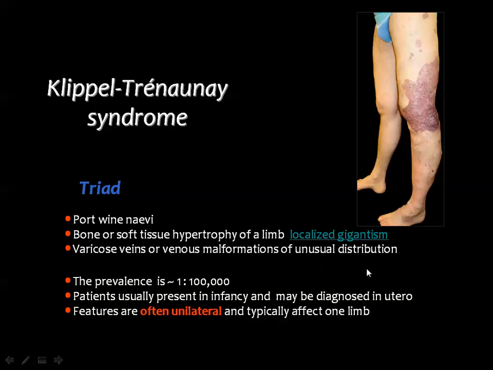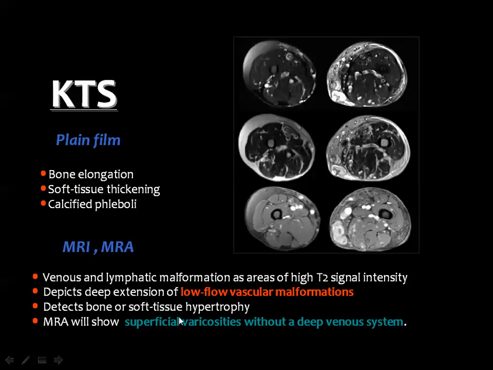The prevalence of this disease is about 1 in 100,000 population. Patients usually present in infancy and may be diagnosed in utero. Features are often unilateral and typically affect one limb, but sometimes you can see minor changes in the opposite limb.